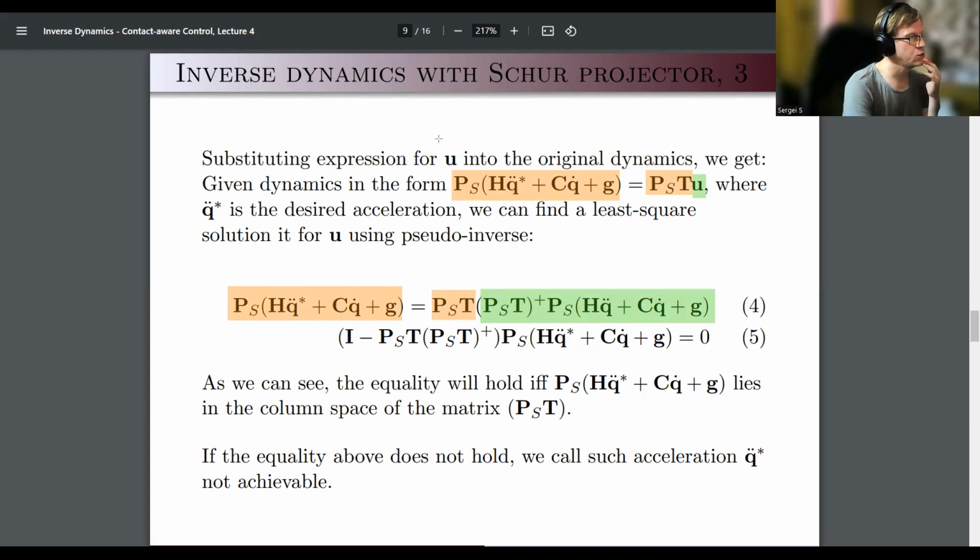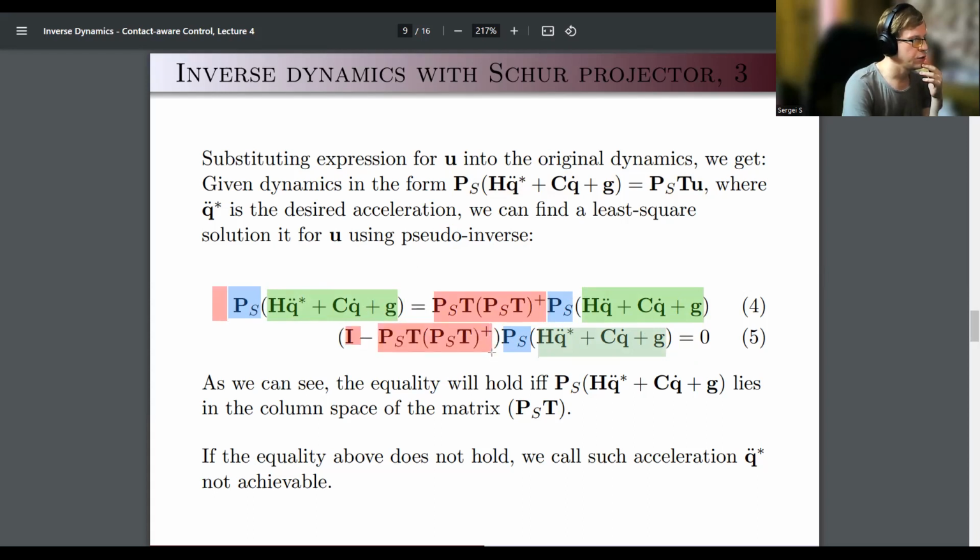So let's see what the condition would be. The way we could see this is by taking this out of the brackets, like this and this. We transfer the right-hand side to the left, and this goes out of the brackets too. Finally, we have this expression and an identity here.